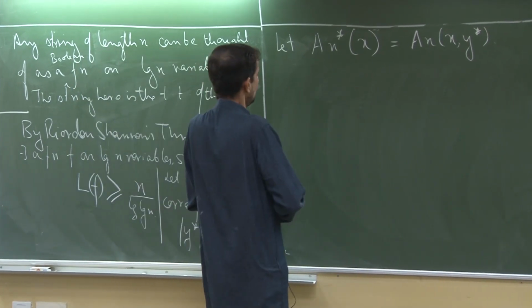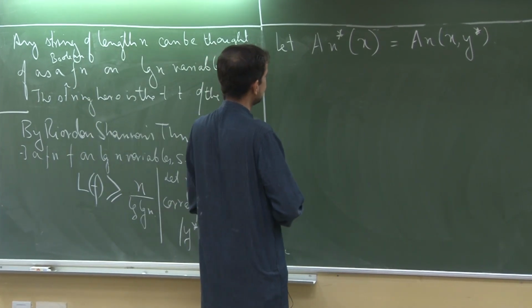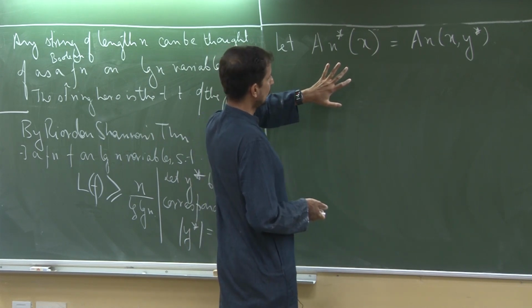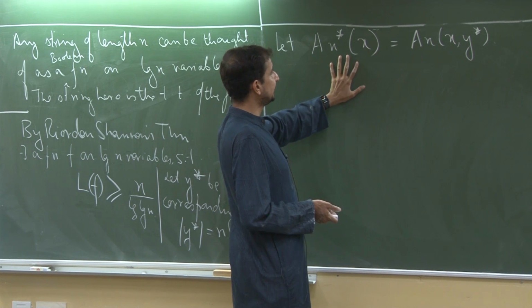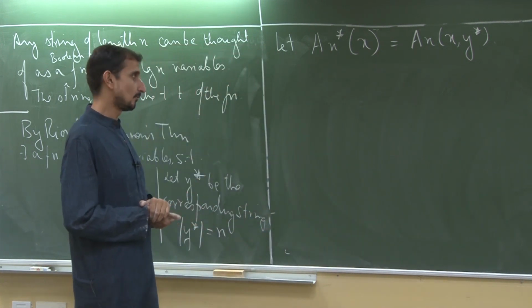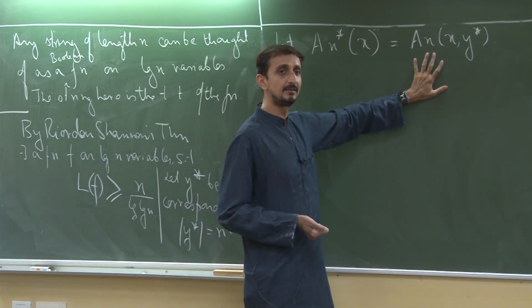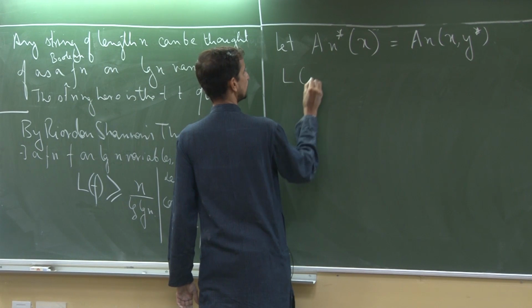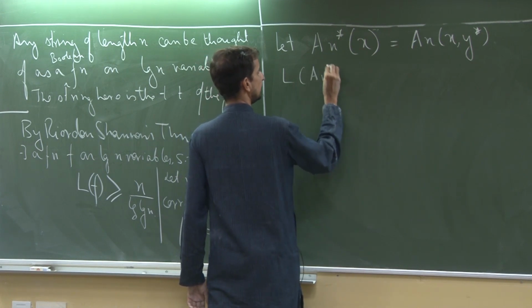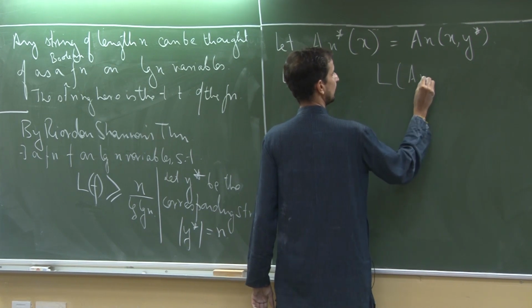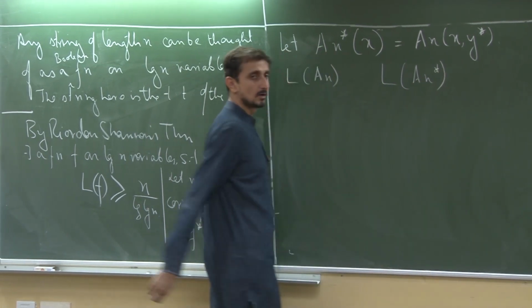Now, what can I say about the formula complexity of A n star, or what can I say about the formula complexity of A n? So, L of A n, and if I look at L of A n star, how do these two compare?